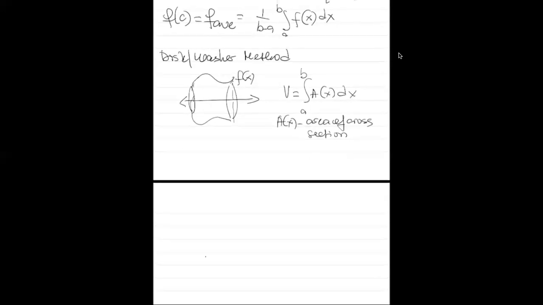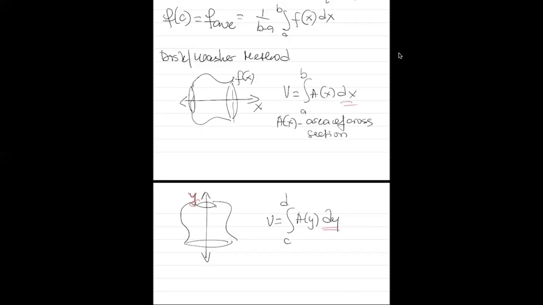If you rotate around a vertical axis, and again it doesn't have to be the y-axis, I'll do x and y, but it doesn't have to be as long as it's vertical. We have some kind of curve here, and here's the symmetrical part. So we have a vase straight up. The volume in this case is the integral from c to d, A of y dy. So everything here is in terms of y, if you're rotating around the y-axis.